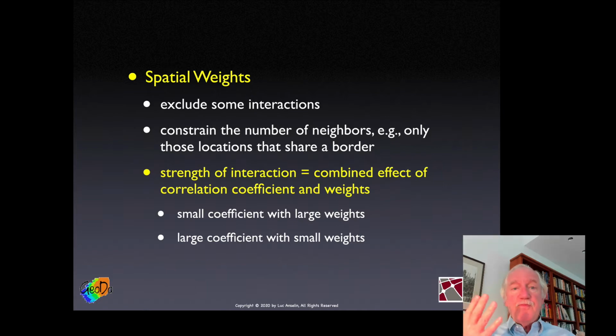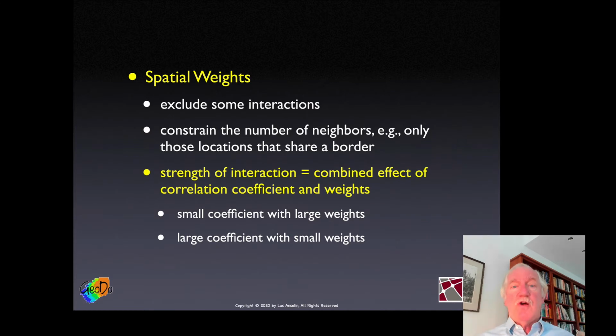One part is the weights matrix, the other part is the interaction coefficient, so to speak, that is multiplied by that weights matrix. So the actual interaction, or if you wish, the spatial autocorrelation, consists of two parts, the weights and the coefficient.